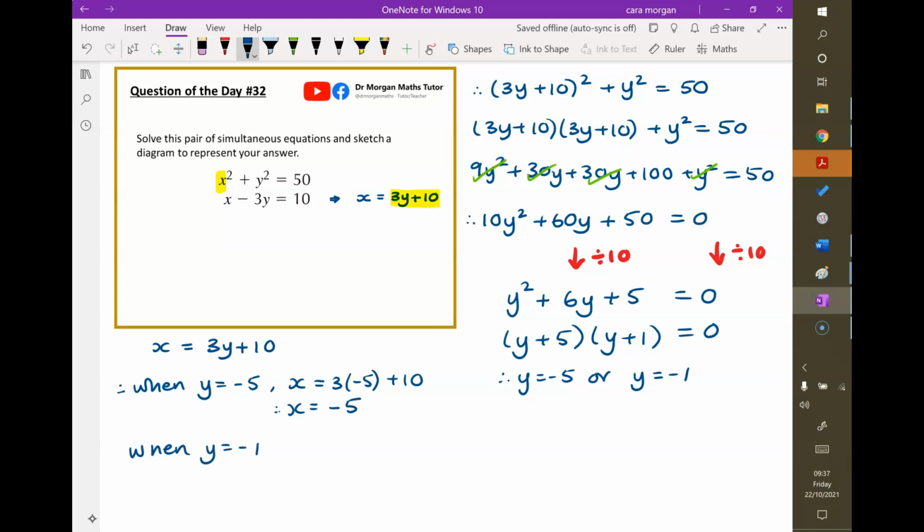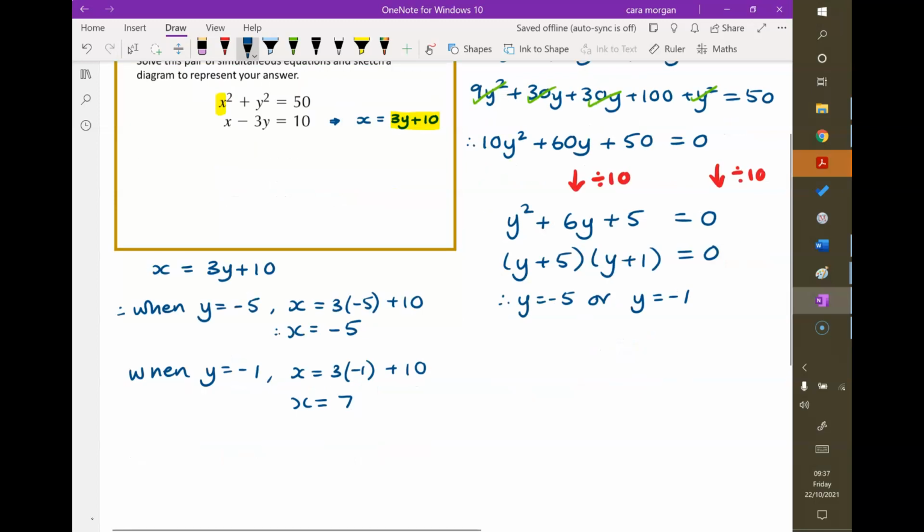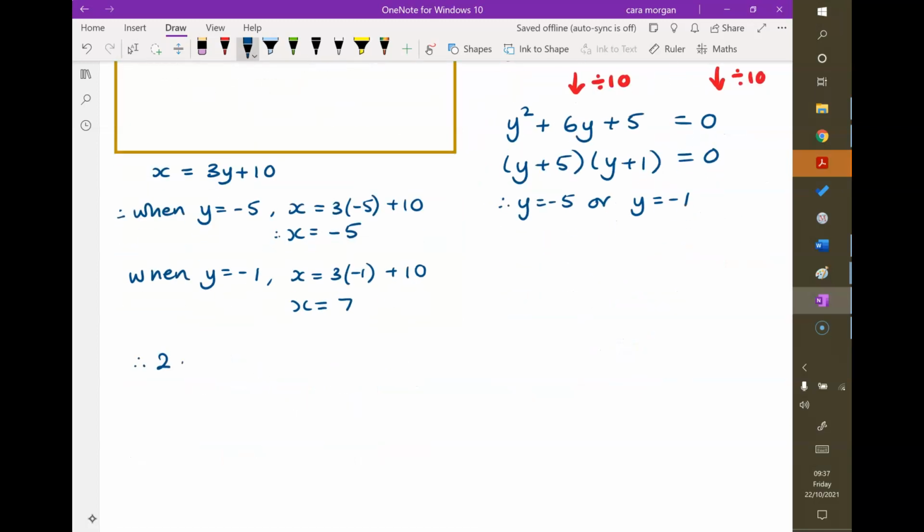When y is -1, x is going to be 3 lots of -1 add 10, and x therefore is going to be -3 plus 10, which is 7. So therefore I have 2 pairs of solutions. And my pairs of solutions are (-5, -5) and (7, -1).